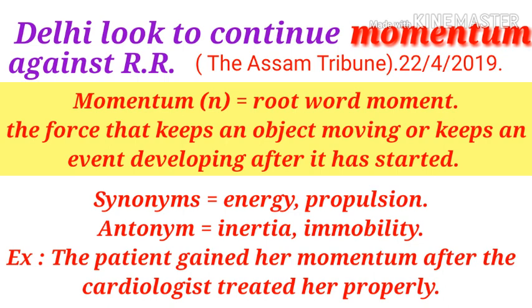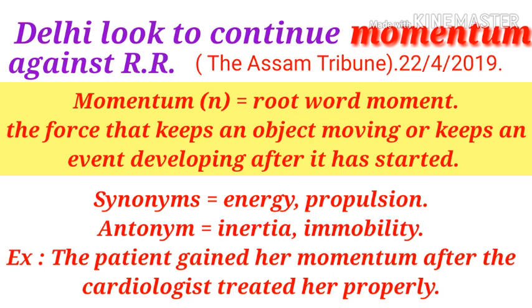Momentum is a noun which comes from the root word moment, and its meaning is the force that keeps an object moving or keeps an event developing after it has started. Understood? Its meaning is like this: the force that keeps an object moving or keeps an event developing after it has started.